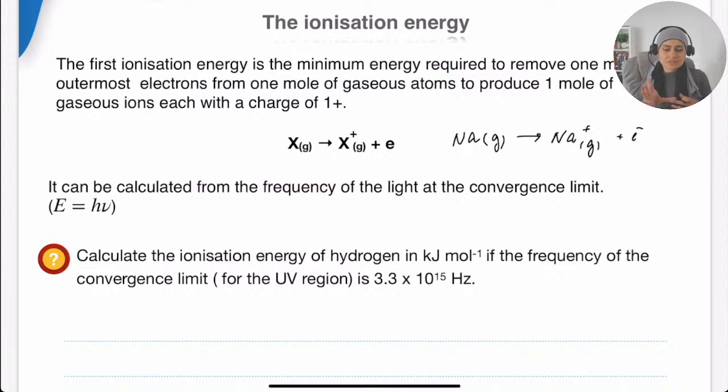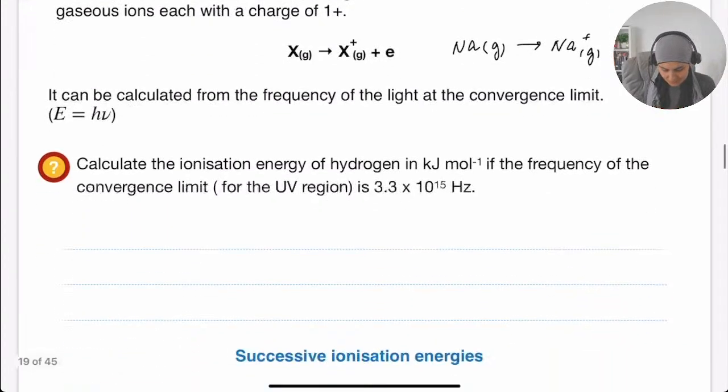When we say the gaseous atom, we essentially just mean that it's alone, on its own without anything around it. And remember we said that ionization energy is the minimum energy required to remove one electron, so according to the definition, we can find it from the convergence limit. Okay, let's see how we do that.